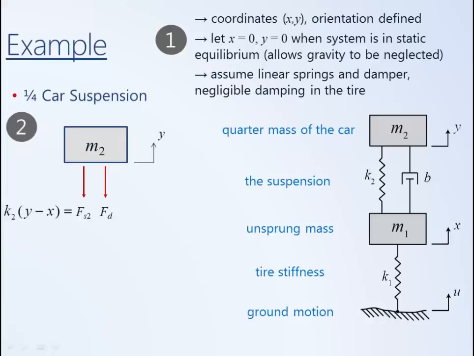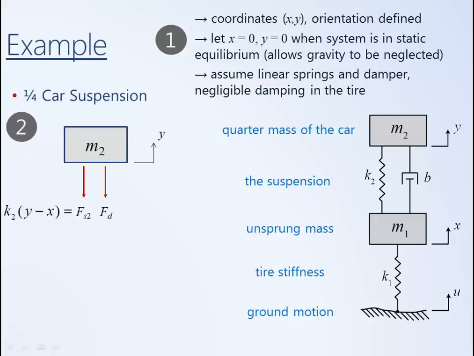Therefore, the force will be proportional to y minus x. And again, the force can be downwards or upwards. This ordering, y minus x, corresponds to the downward direction as I've drawn it.